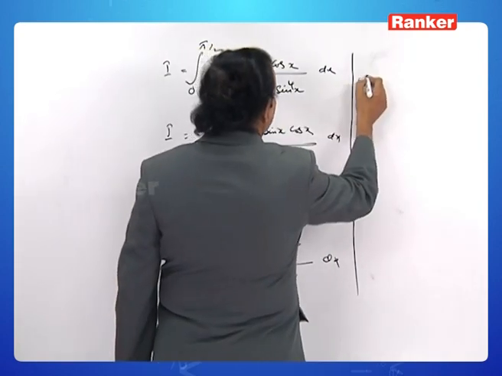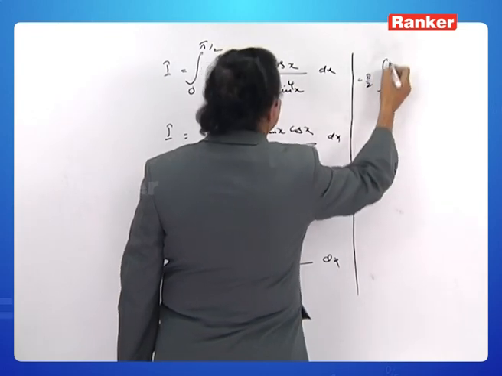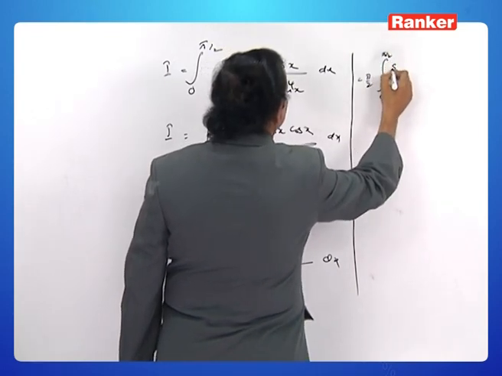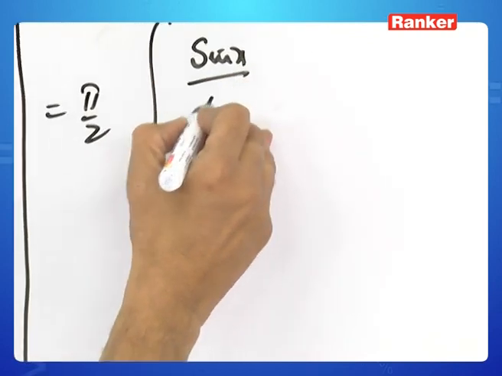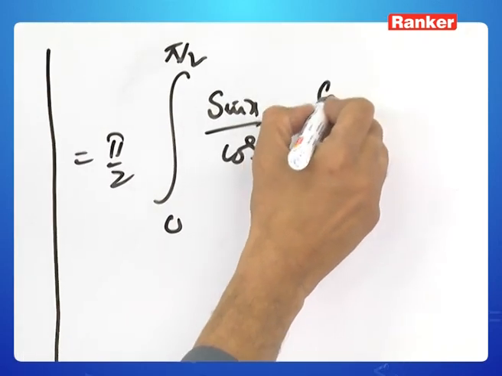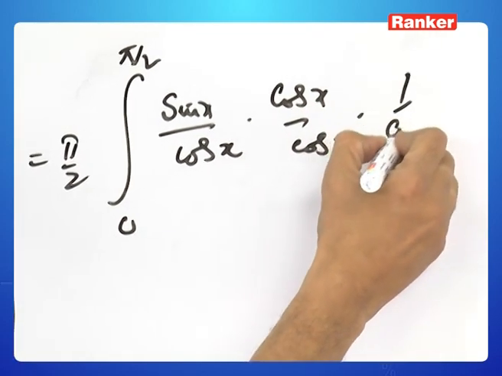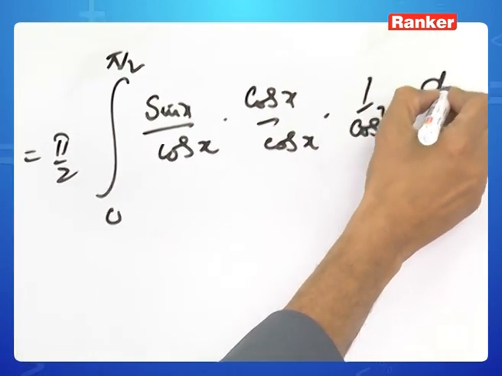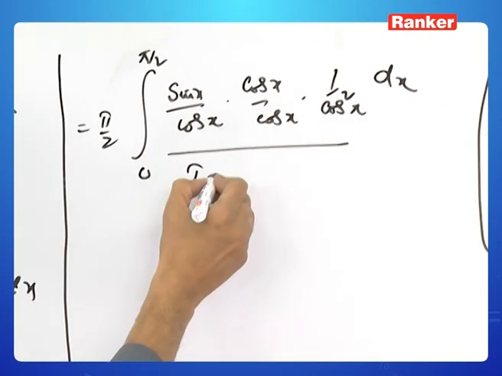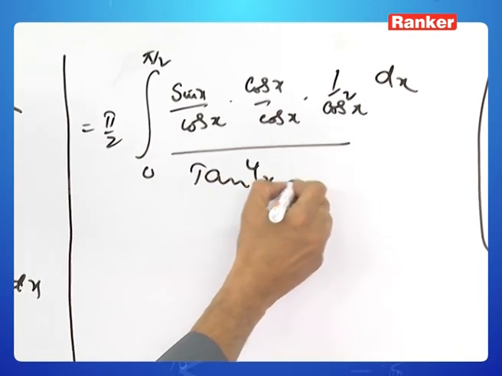Is equal to pi by 2 into integral 0 to pi by 2 sin x by cos x by cos x, 1 by cos square x dx by tan power 4x plus 1.